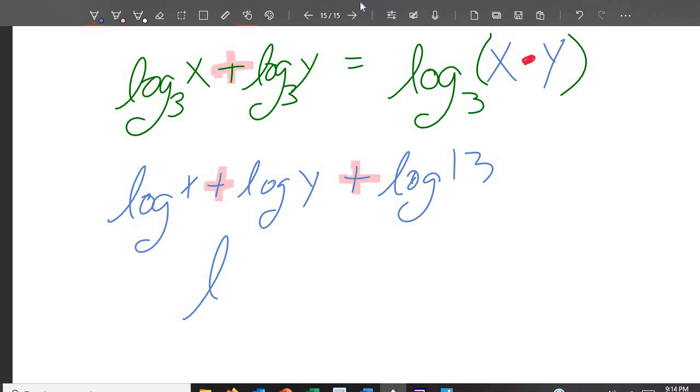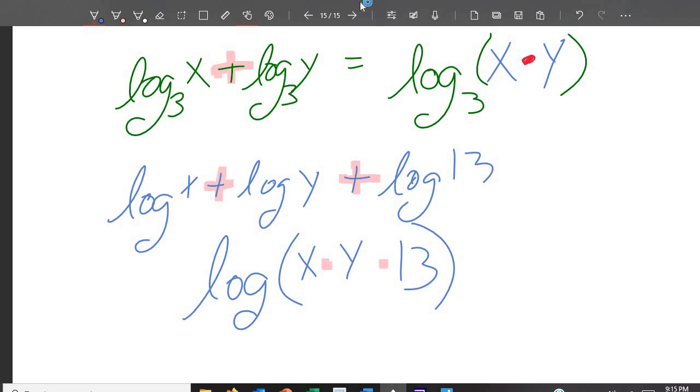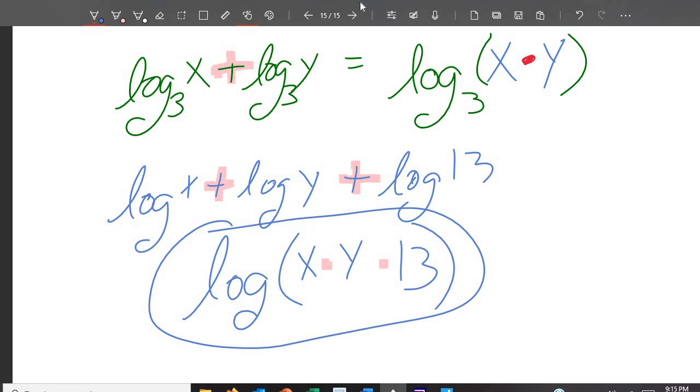We're going to have 1 log at the end. I'll put two multiplication symbols. Multiplication, multiplication. The x, the y, and the 13. This is the answer. Or you can rewrite it like this. 13xy.